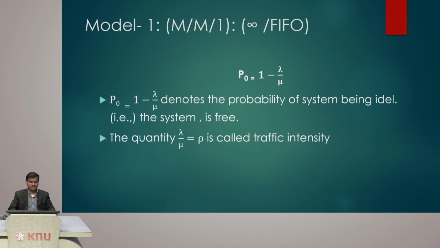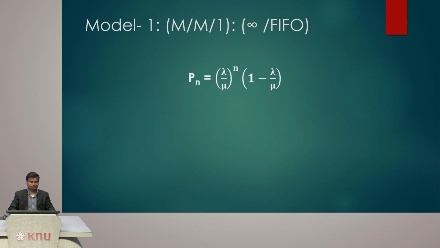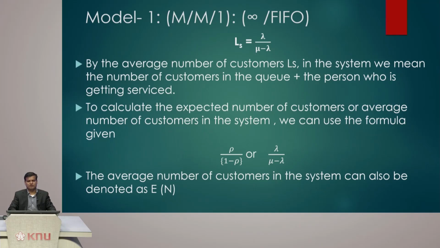Generally speaking, this lambda by mu is also called the traffic intensity rho. And P sub n equals (lambda by mu) to the power n times (1 minus lambda by mu).